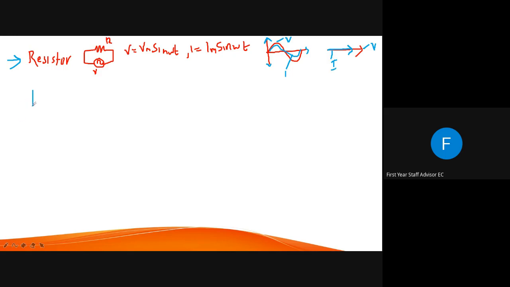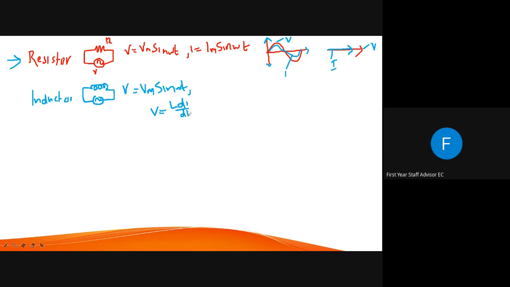After that we have learned the inductor. So what was the difference? Instead of the resistor, I have drawn an inductor. There is no difference in the voltage formula because it is the applied voltage. But if you derive the current formula based on the equation V is equal to L di by dt, you have to learn this formula by heart.